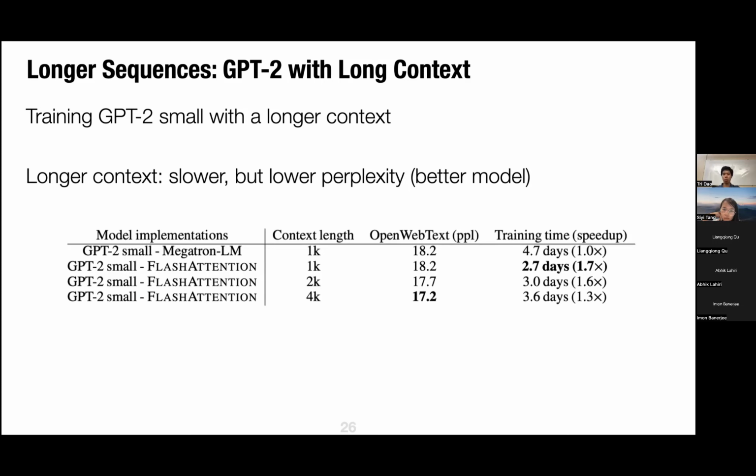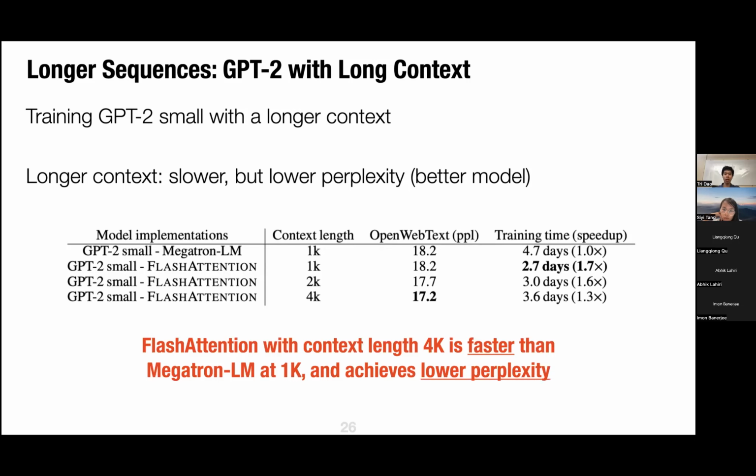And surprisingly, when we increase the context length to 4K, we're still faster than Megatron-LM at 1K, and we achieve lower perplexity. So this is really exciting, and in fact, a few companies are looking to use FlashAttention to train language models with longer context up to 8K.